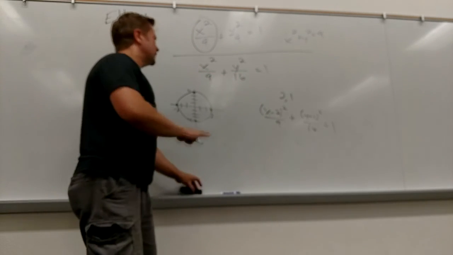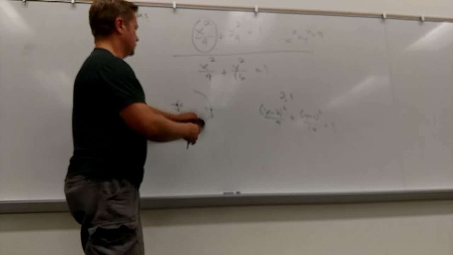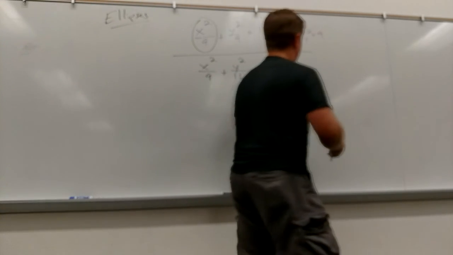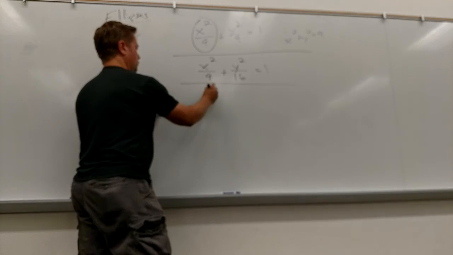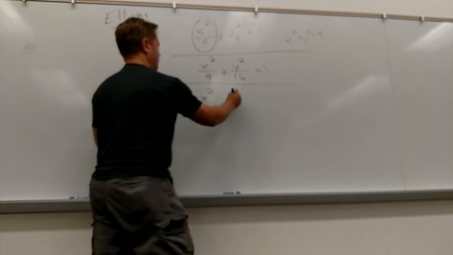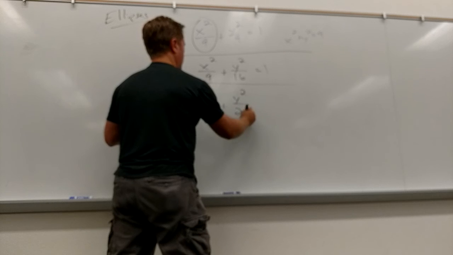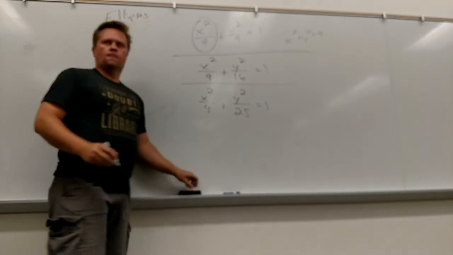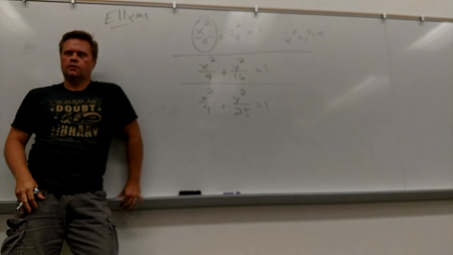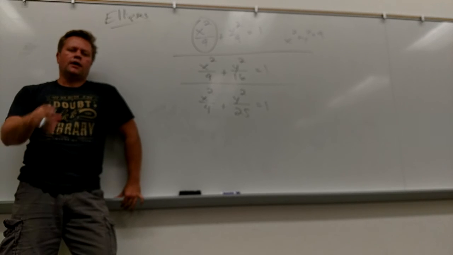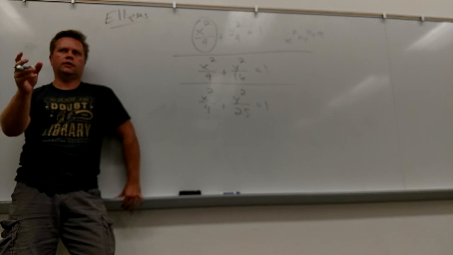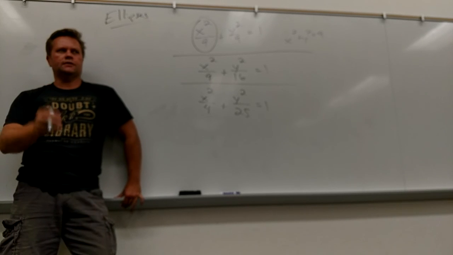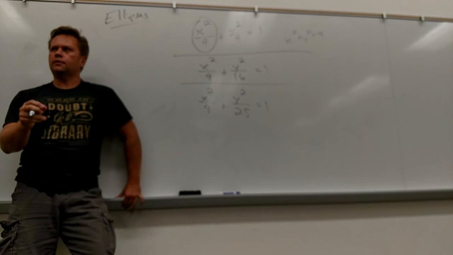So the standard way of breaking down an ellipse: you're given an equation, say x squared over 4 plus y squared over 25 equals 1. On the handout I give you the textbook way of breaking down an ellipse, but it's kind of silly when you realize the idea behind it.